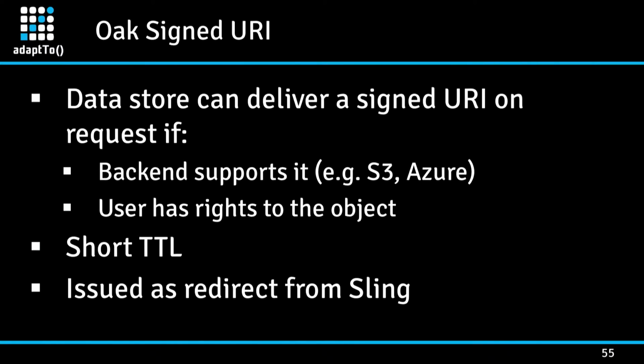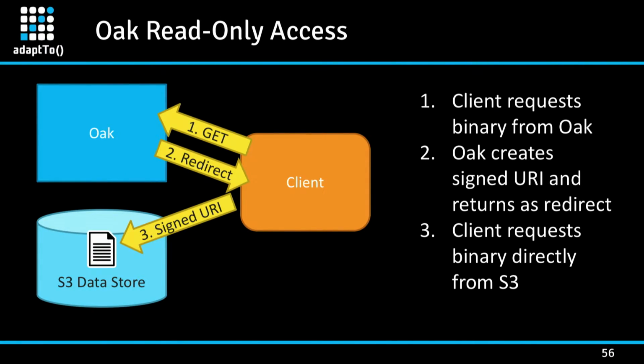Number one, if the backend will support it, like S3 or Azure will both do this. File data store can't do that, but S3 and Azure can. The other way would be if the user has rights to the object. In that case, we could give a signed URI with a short TTL, maybe 60 or 30 seconds or something like that, and it would come as a Sling redirect. So this is kind of how that would look.